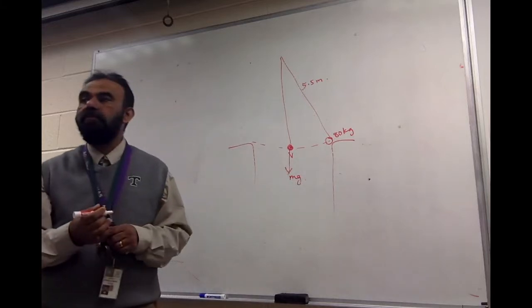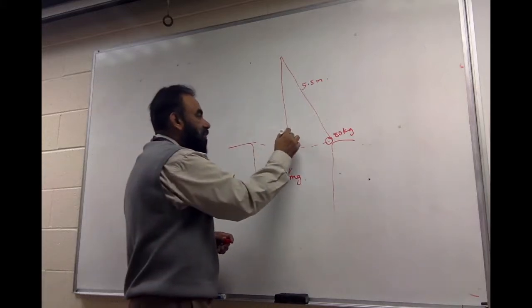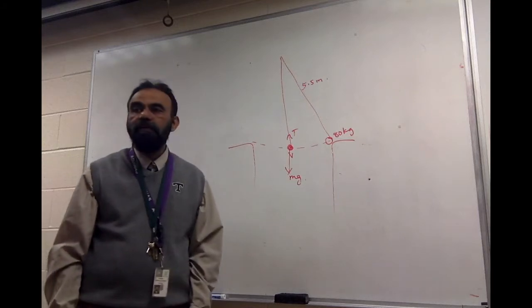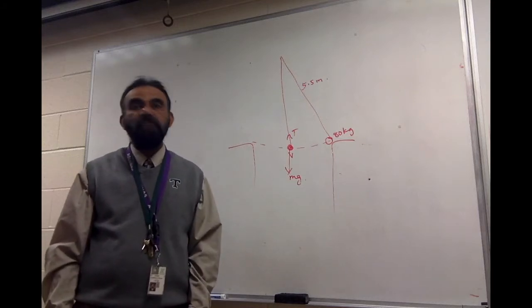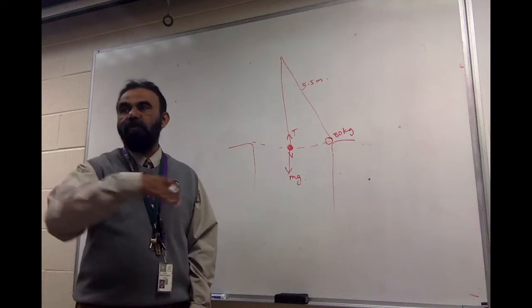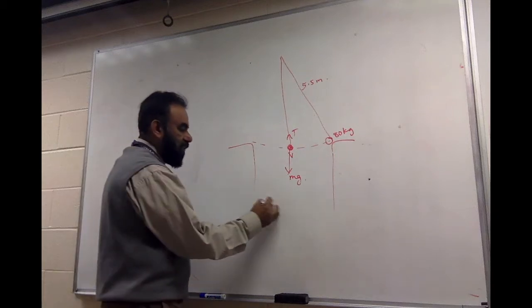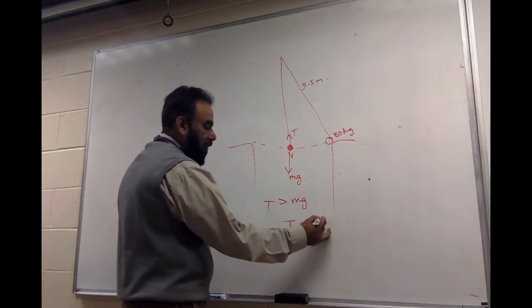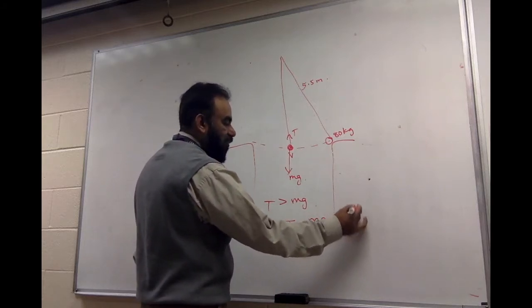What else? Tension in his arms. Which is bigger? Tension is bigger because circular motion. So tension is greater than mg. So T minus mg is equal to mv square over r.